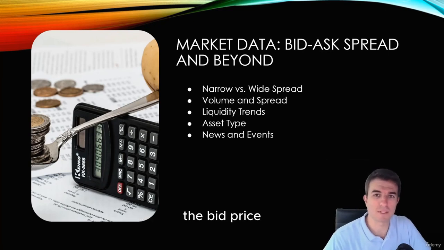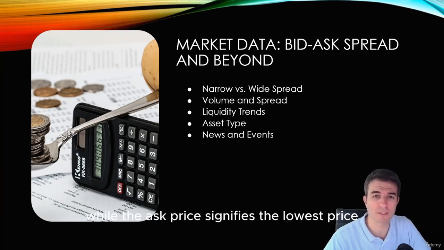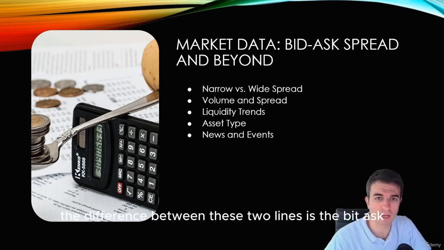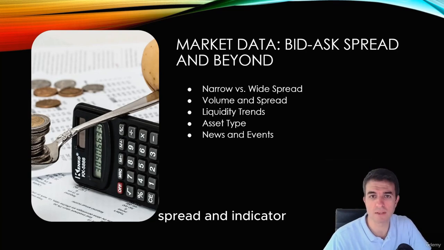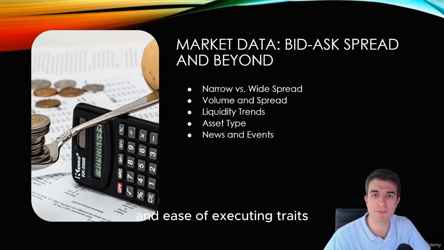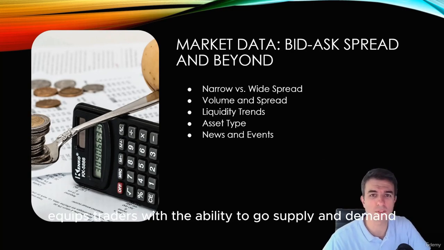The bid price represents the maximum price a buyer is willing to pay for an asset, while the ask price signifies the lowest price a seller is willing to accept. The difference between these two lines is the bid-ask spread. It can actually act as an indicator of market liquidity and the ease of executing trades. So understanding the bid and ask spread equips traders with the ability to gauge supply and demand.